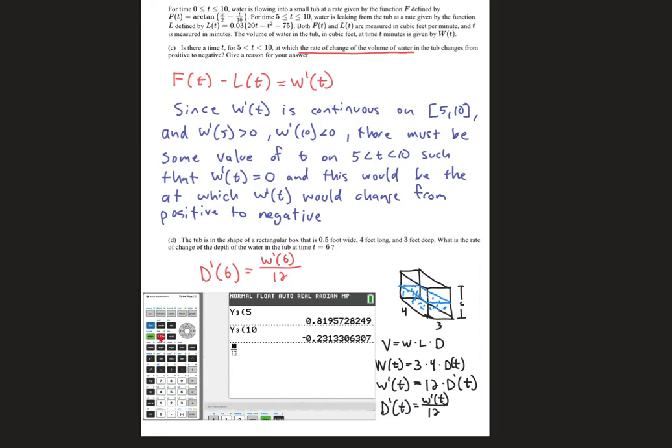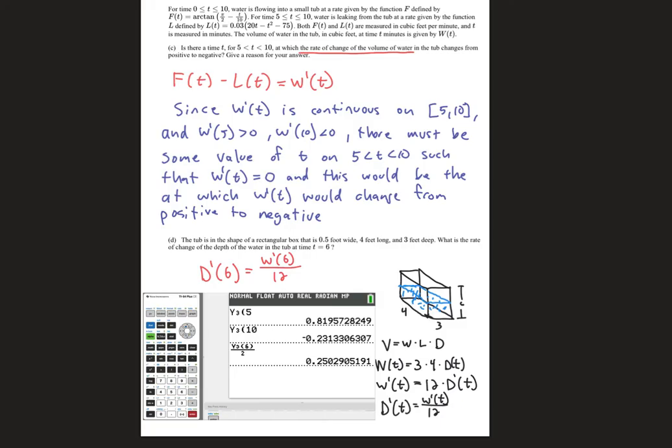Okay, so the fraction, top, y3. Remember y3 was W prime of t, 6, and then just divide that by 12. Oh, actually, I just made a mistake.